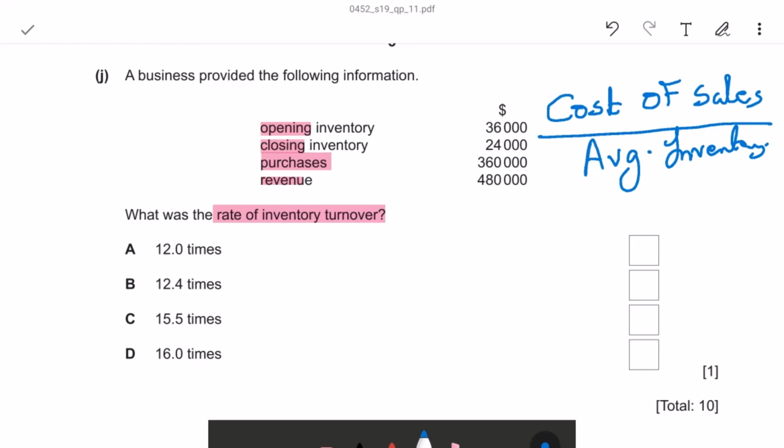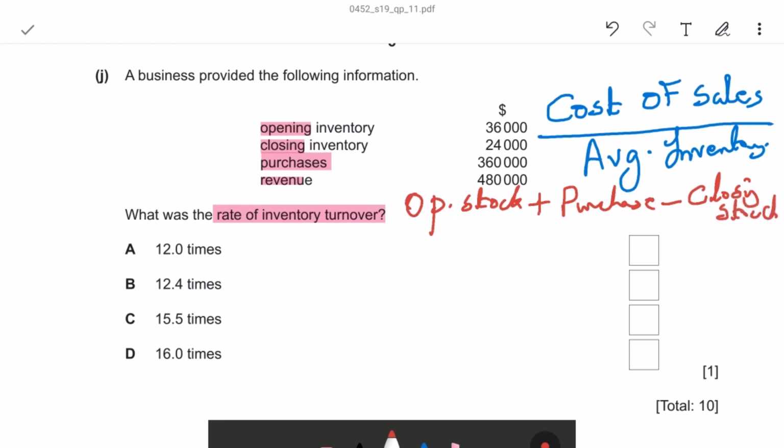Cost of sales is equal to, what is the equation of cost of sales? Cost of sales is equal to opening stock plus purchases minus closing stock or closing inventory.